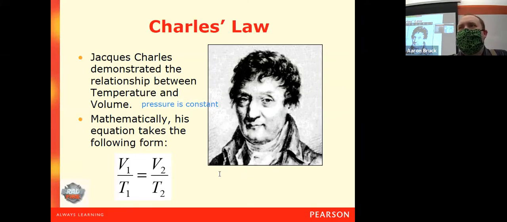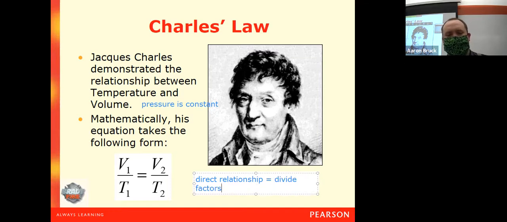We're only looking at changes in temperature and changes in volume. And the relationship here is direct, which means that instead of multiplying the factors together, we're going to divide them by each other. Temperature and volume, that is a direct relationship.